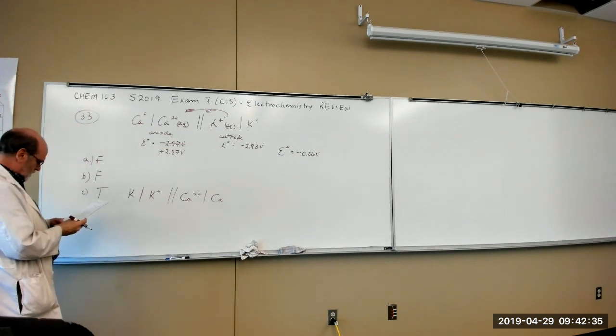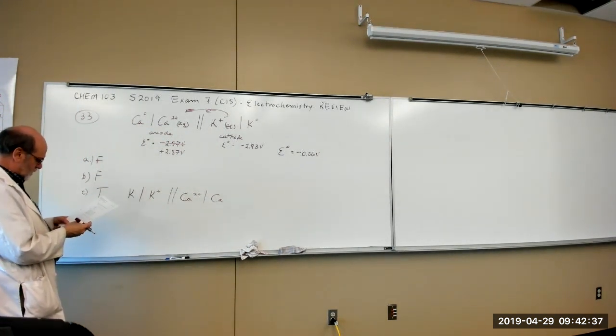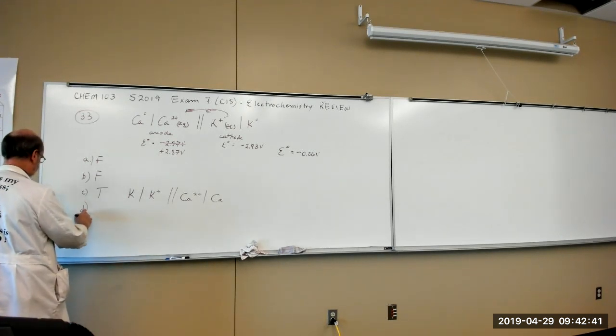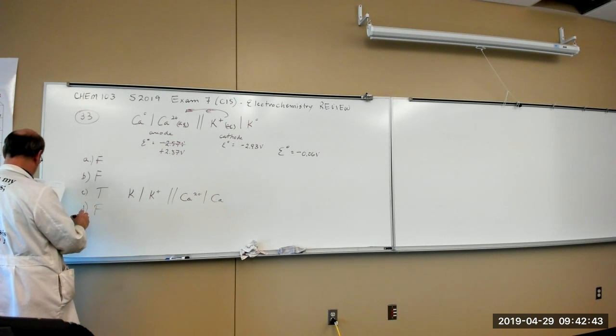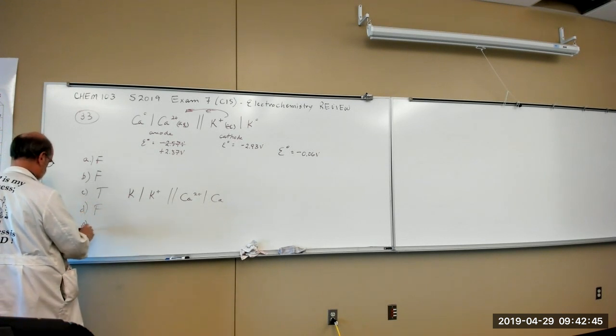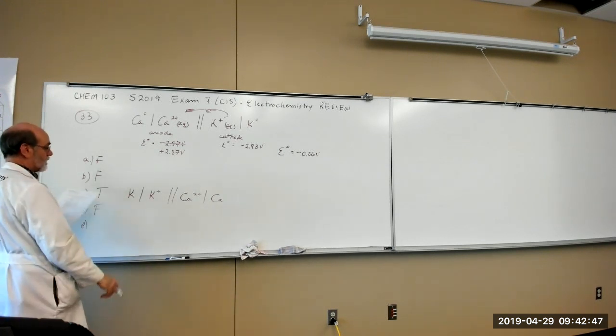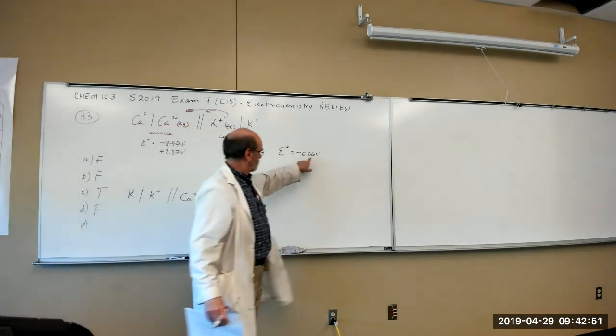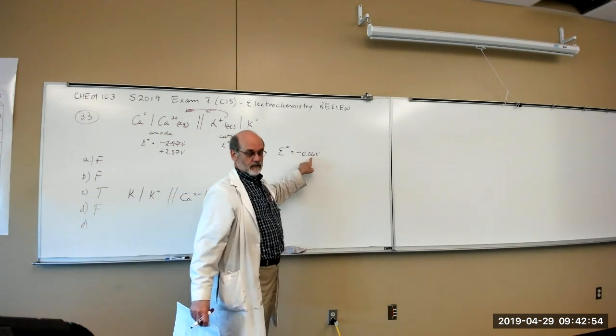Well, let's see. D, the cell reaction is spontaneous. No, it's not spontaneous. And E, the cell is at equilibrium. Is the cell at equilibrium? Well, under standard conditions, we do have a voltage.